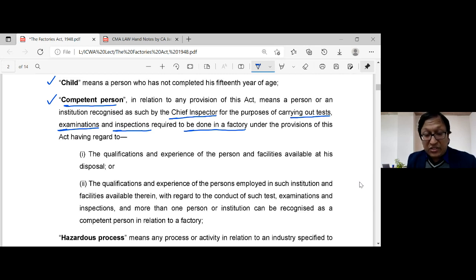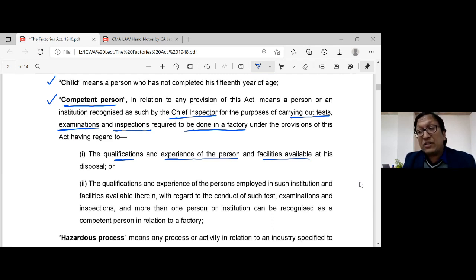Under the provisions of this act, they will check the qualifications, the experience of the persons and the facilities available at his disposal. They will check whether the persons employed in the factories are duly qualified for the job or have the requisite experience.